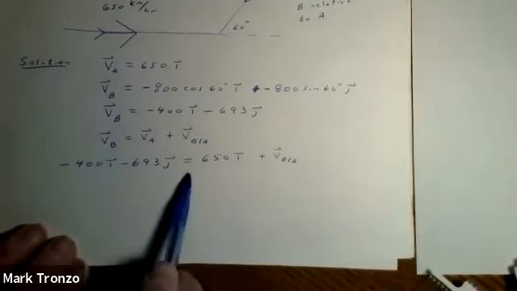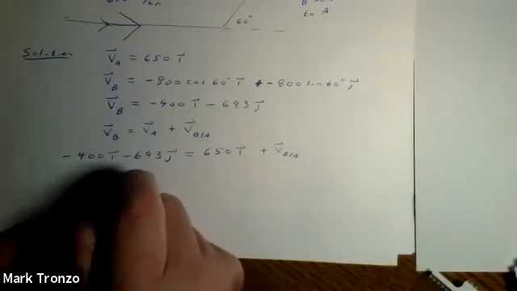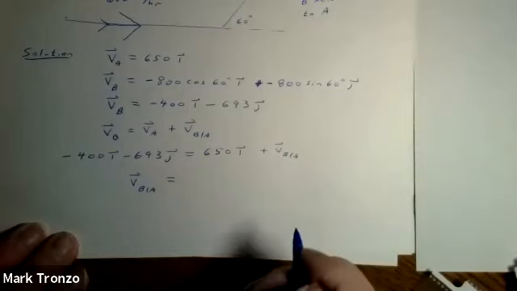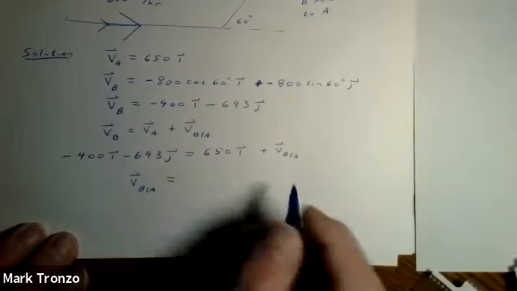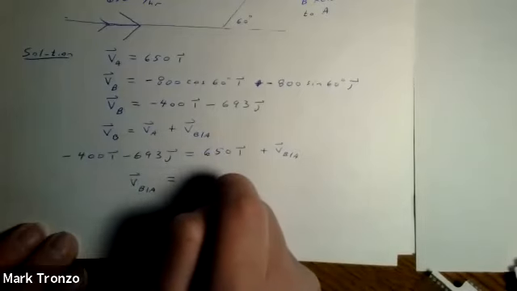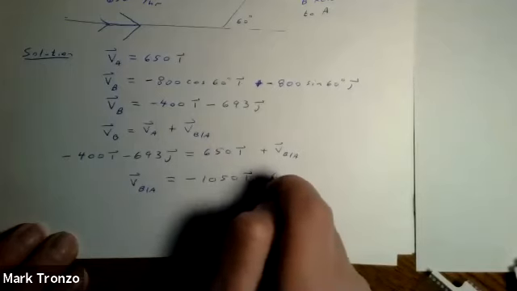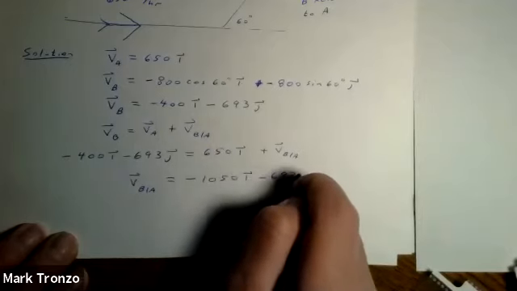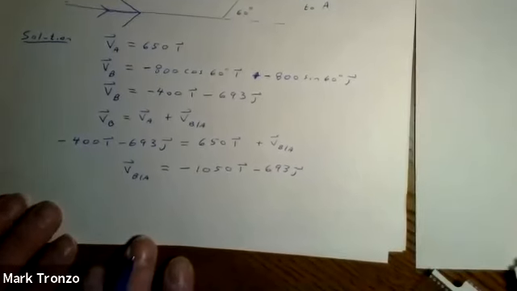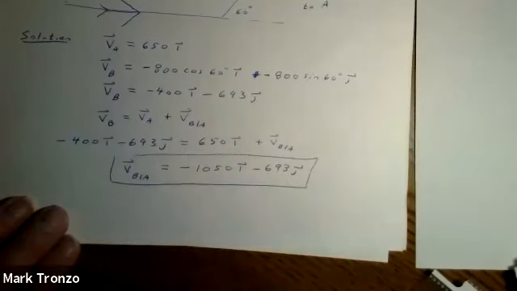Then we solve this, and you get minus 1050I and then minus 693J, like that. And that's the answer.